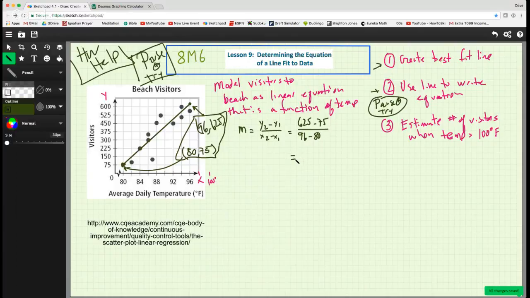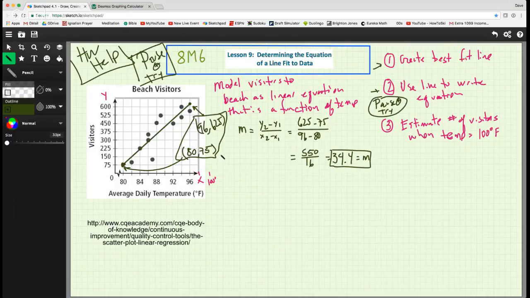So that equals 550 over 16. And now I'm going to go straight to the calculator here and do the division, 550 divided by 16. And that's about 34.4. And that's our M.